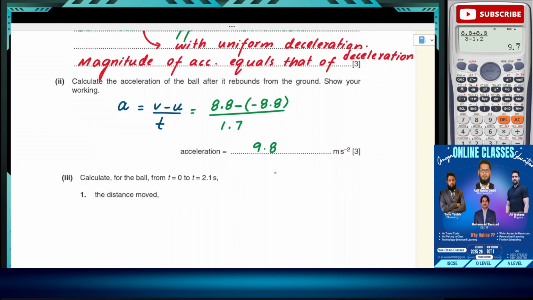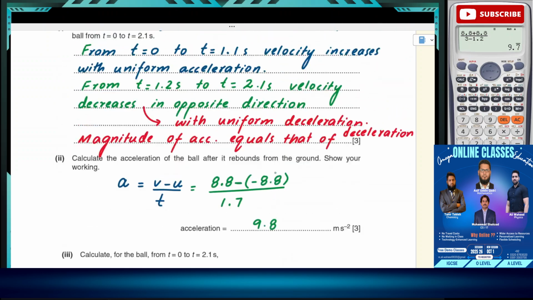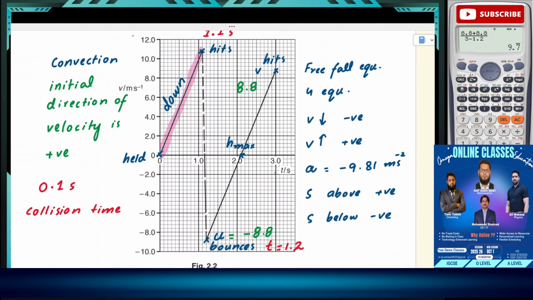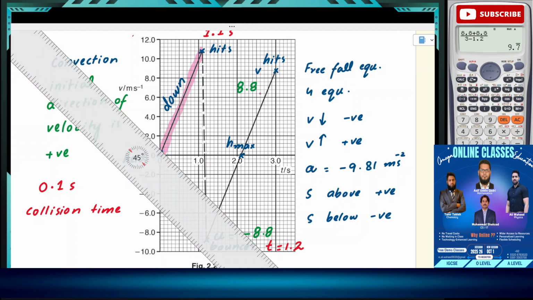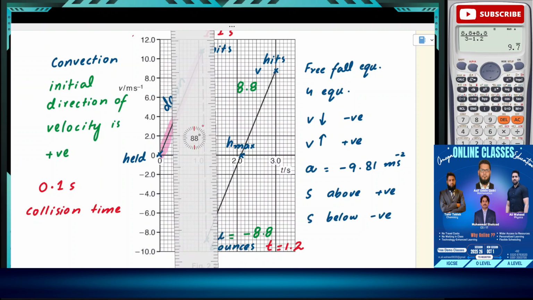Okay, let's move on to the next part. Calculate for the ball from t equals 0 to 2.1 second the distance moved. So how do we find the distance? Well, we need to find the distance from 0 till 2.1, but in the middle we have two shapes.